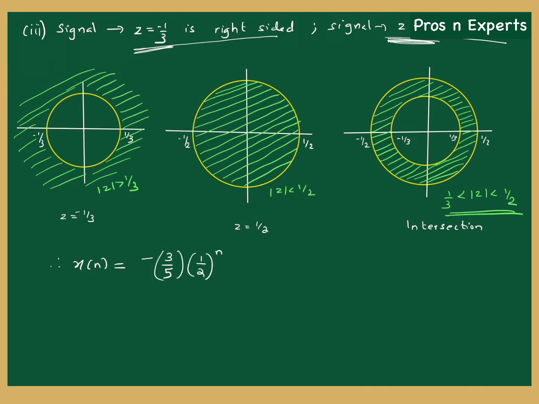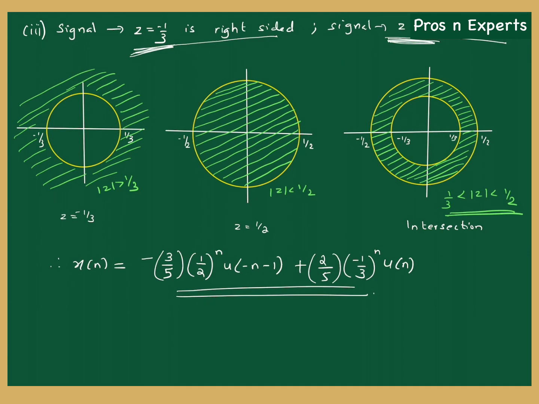There is no change to half raised to n, but you have to add u of minus n minus 1 because the signal is left-sided. Okay, plus this, now the signal corresponding to this pole is right-sided, so you have to write it in normal form: 2 by 5 into minus 1 by 3 to the power n into u of n because the signal is right-sided. Okay, so this is the third answer.